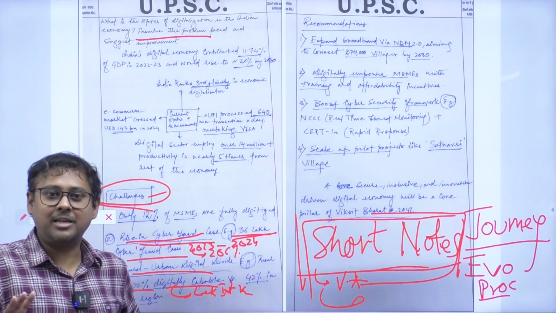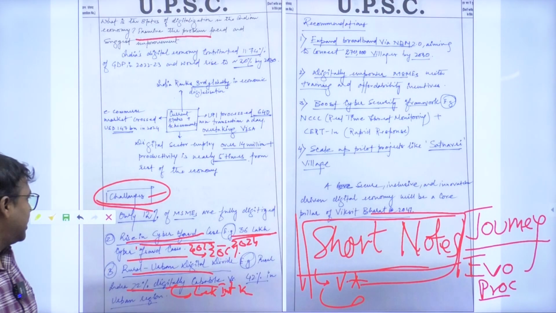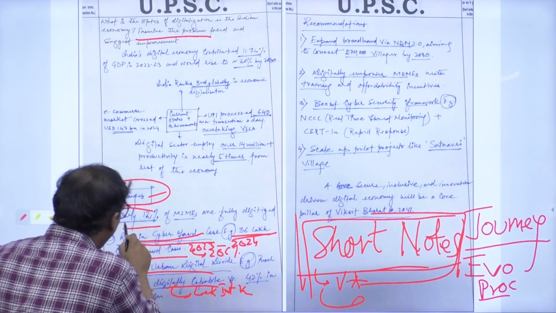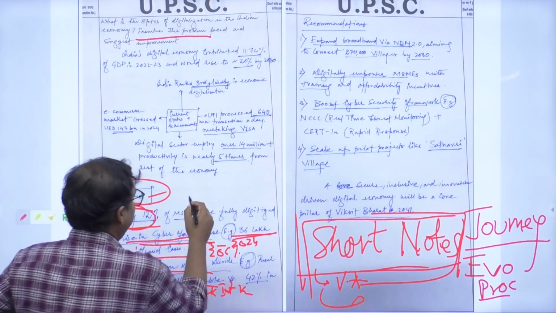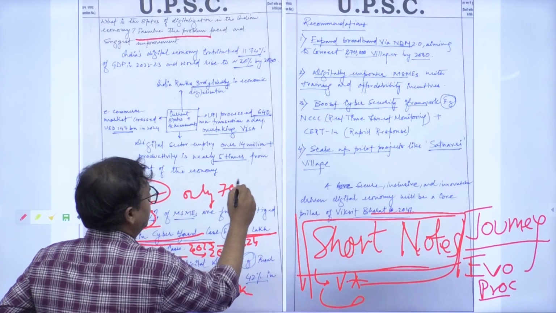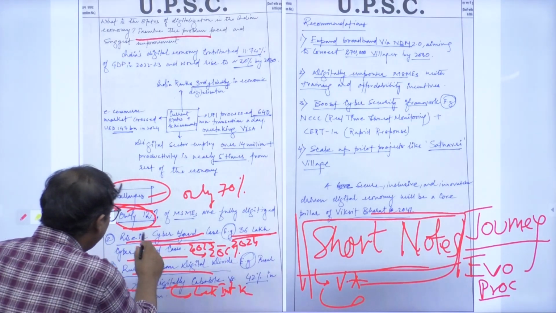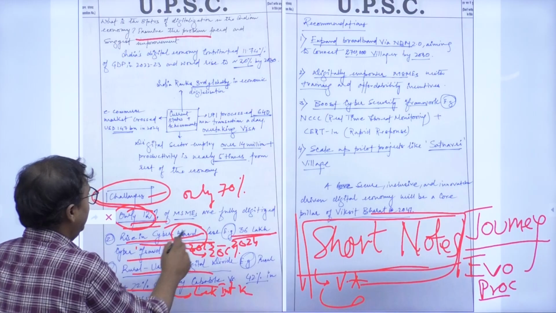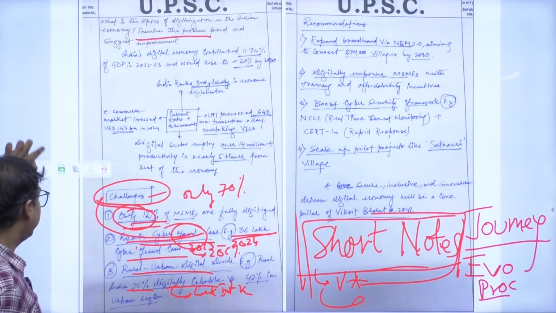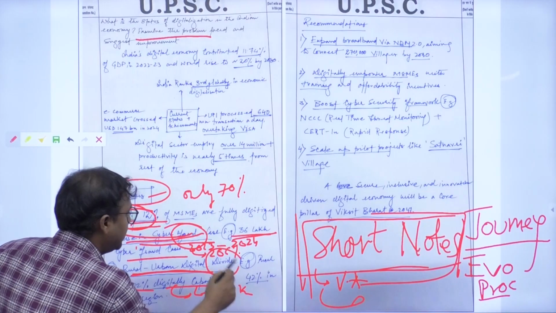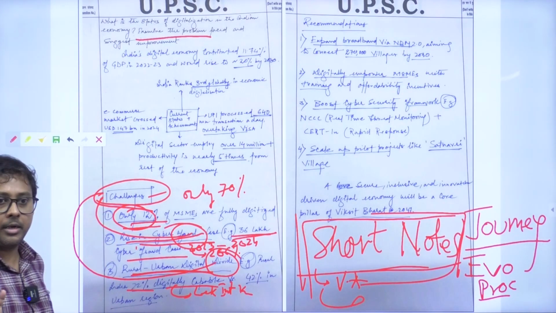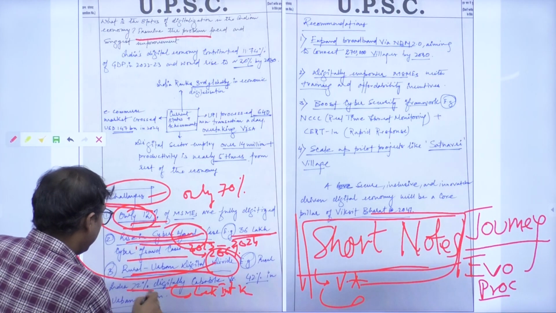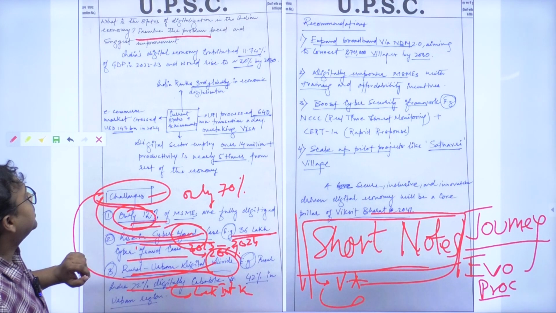So your dimension should have that negative connotation. Rise in cyber fraud, again, it is explaining my challenge. Rural-urban digital divide, again, it is explaining my challenge. Is it directly linking to my challenges? Similarly, these three only.